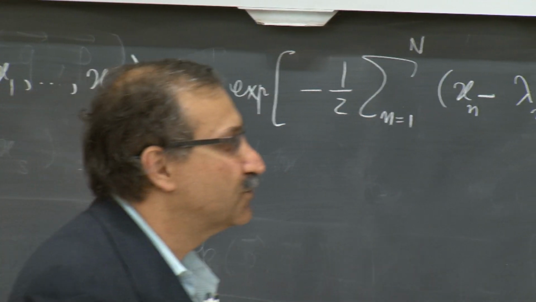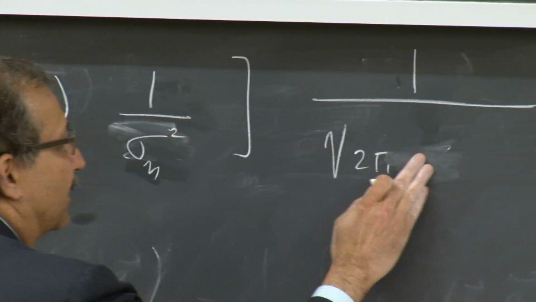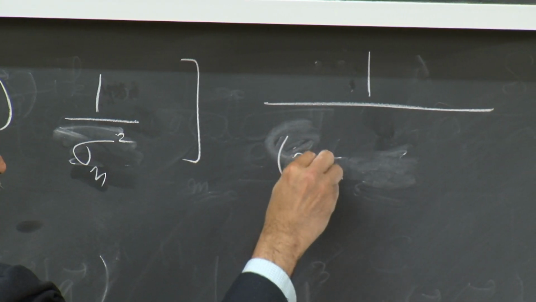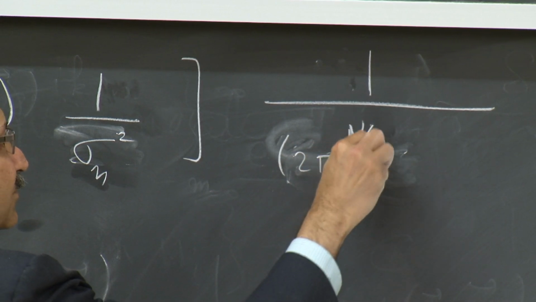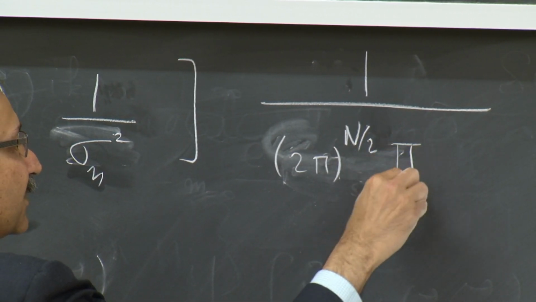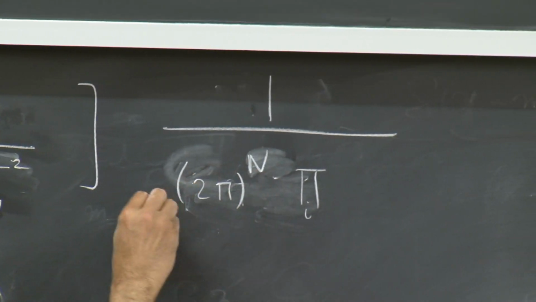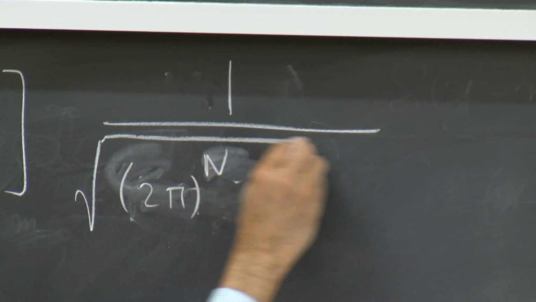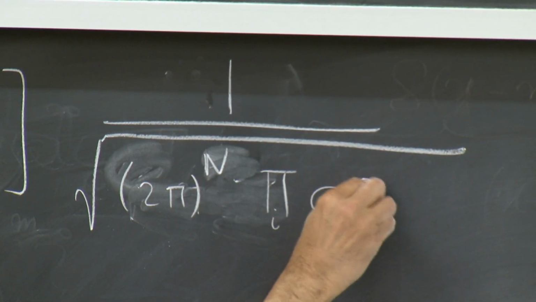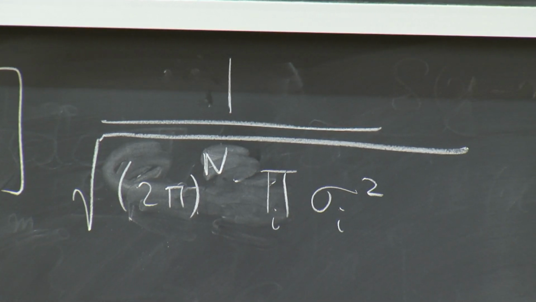And then I would have to multiply here factors of 2 pi sigma squared. So I would have 2 pi to the n square root, and the product of sigma i squared.